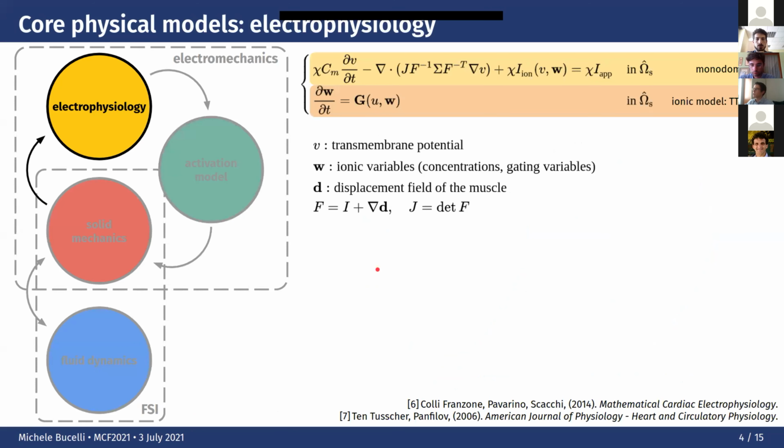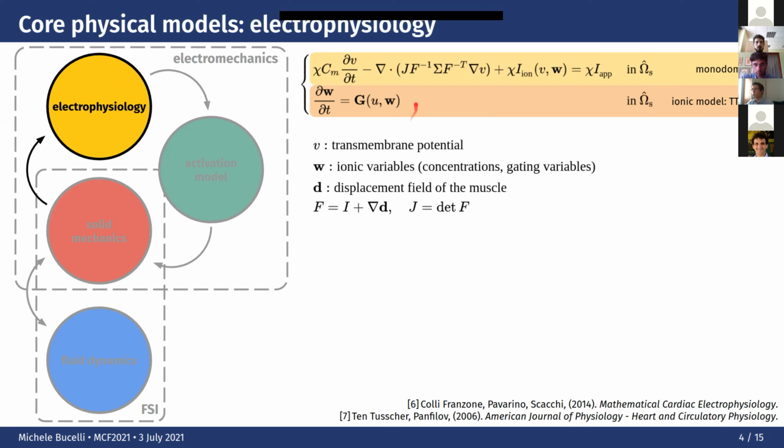In a bit more detail, let's start from electrophysiology. We rely on the monodomain equation coupled with the ten Tusscher-Panfilov ionic model, which is suitable for ventricular simulations. The main output of this block is the calcium concentration, which is hidden inside this vector W of ionic variables, the intracellular calcium concentration, which is very important for muscular contraction.